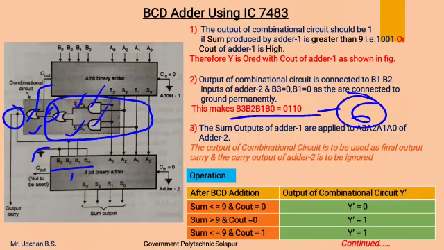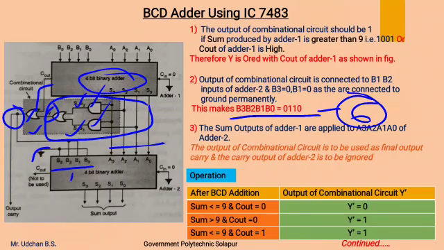For that purpose, B3 and B0 are permanently connected to 0. The sum output of adder 1 is applied to A3, A2, A1, A0, that is these are the sum outputs of this 4-bit binary adder. The output of the combinational circuit is to be used as the final output carry, and the carry output of adder 2 is to be ignored.